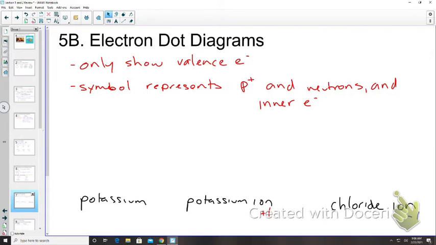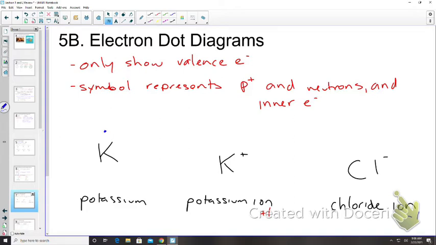So our potassium, this is just a potassium atom. Okay, so potassium is a group 1 metal. So that means it has 1 valence electron. Okay, so this is what potassium is going to look like.